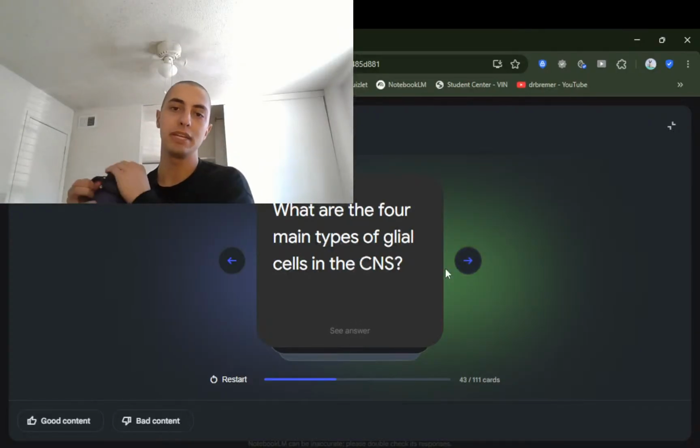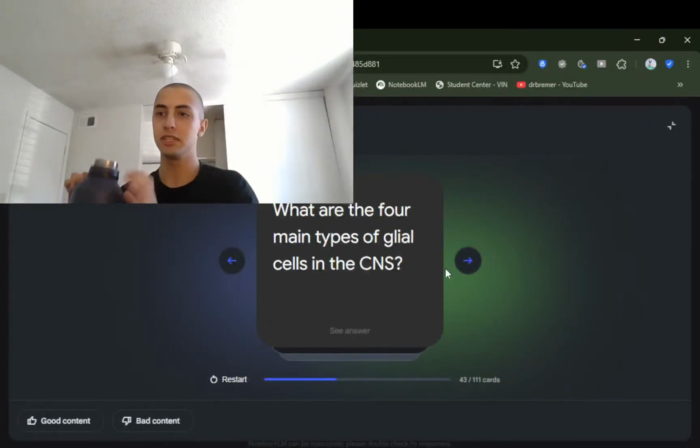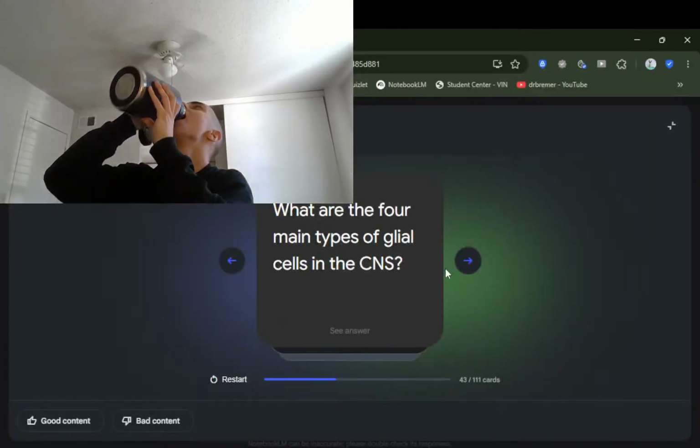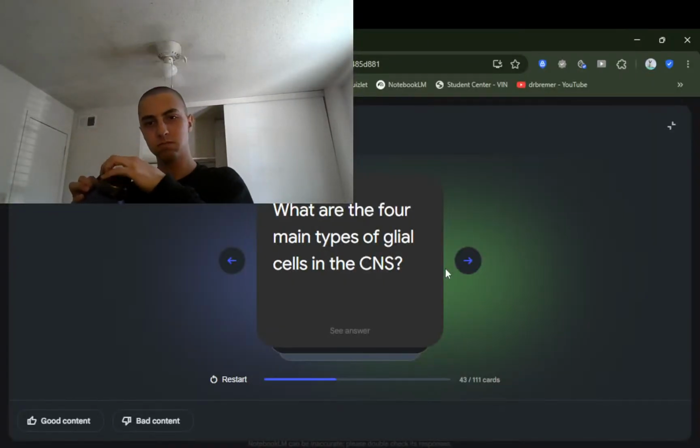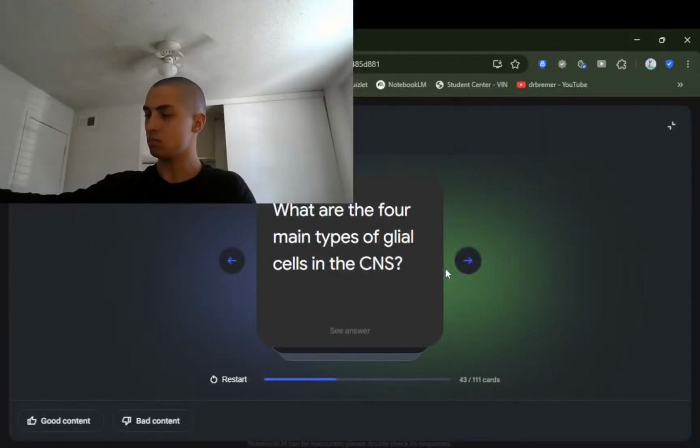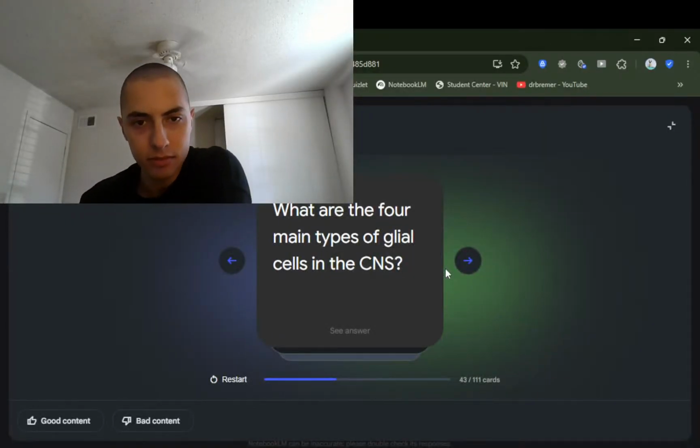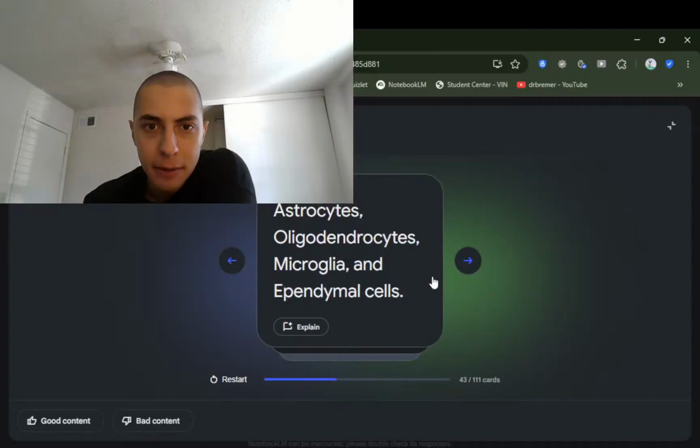What are the four main types of glial cells in the CNS? I don't know myself. Oh, okay. Astrocytes, oligodendrocytes, microglia, and ependymal cells.